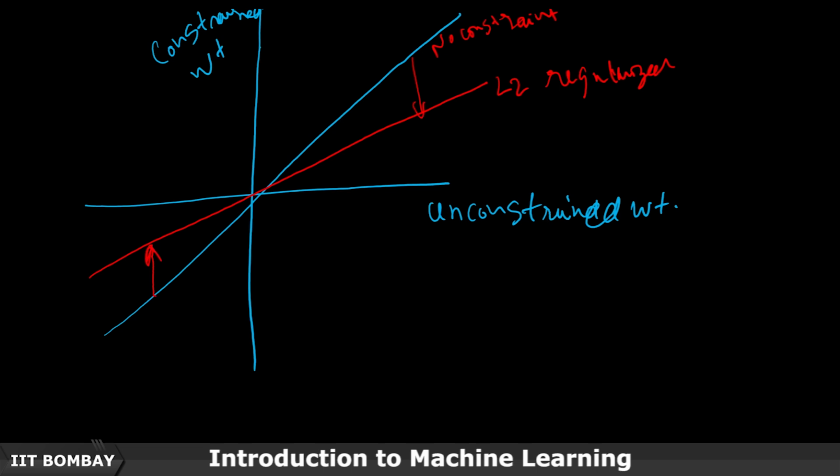But for the L1 norm, we get a behavior like this. We will have some reduction in weights, but then it will become exactly 0 for certain values, and then we will have another reduction in weights, and this reduction is constant so long as the different dimensions of x are uncorrelated.